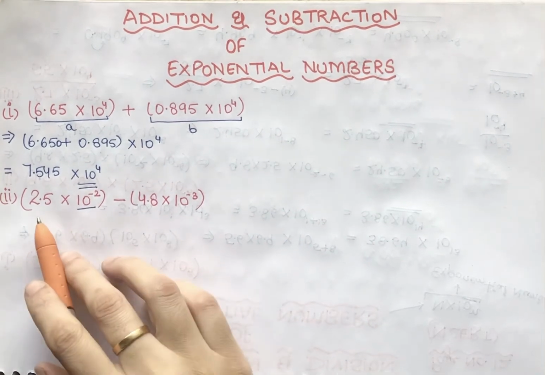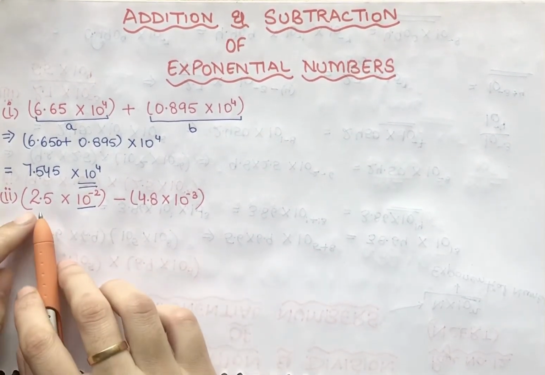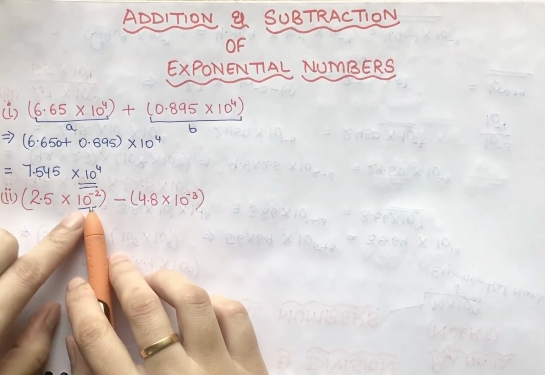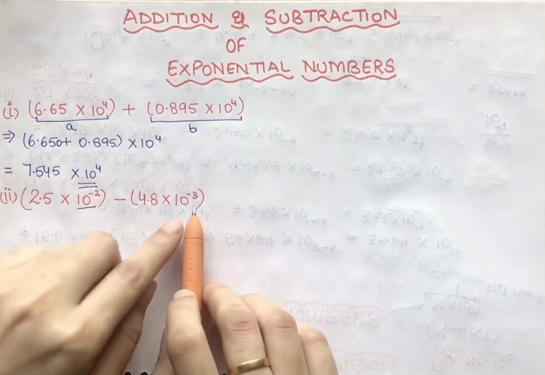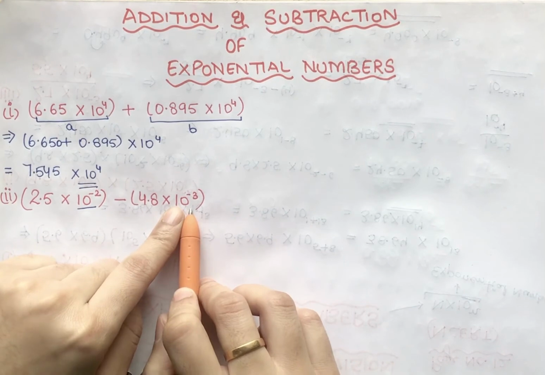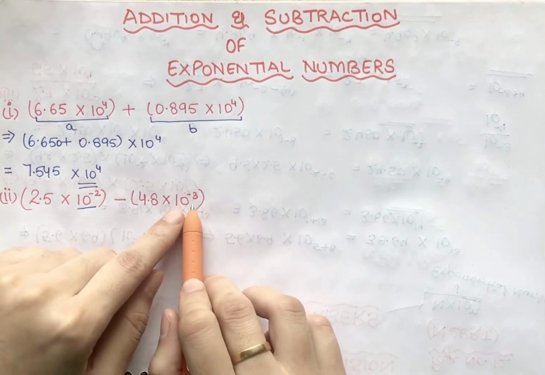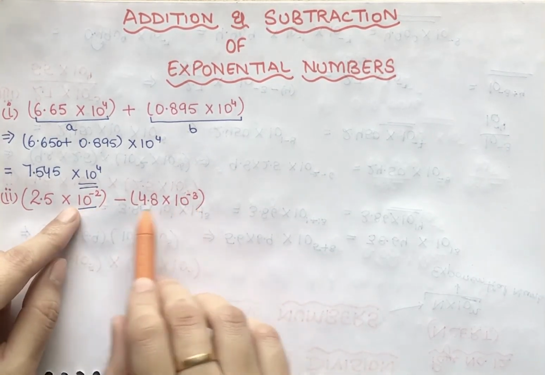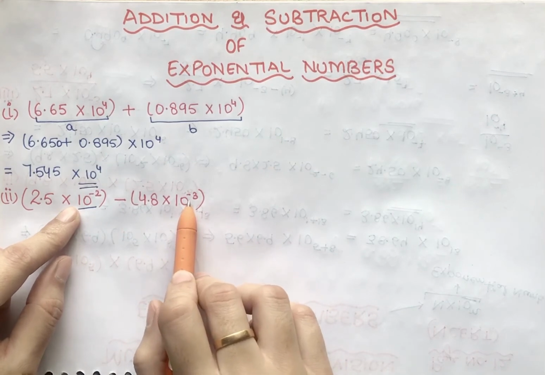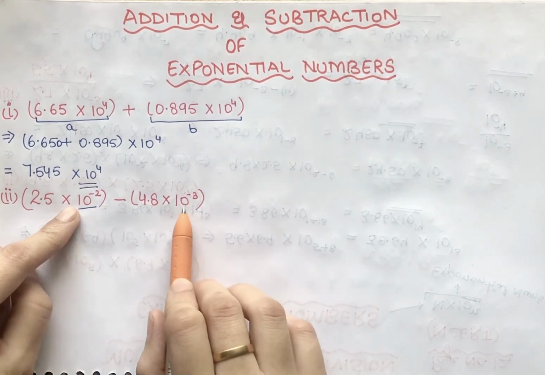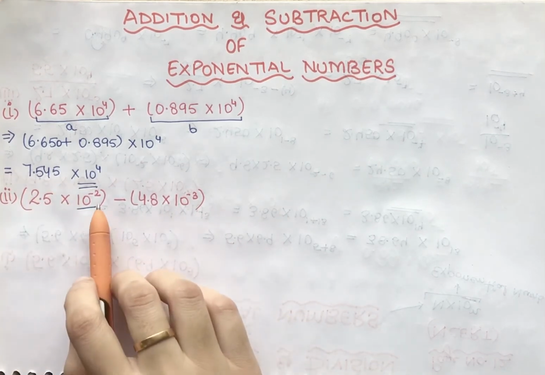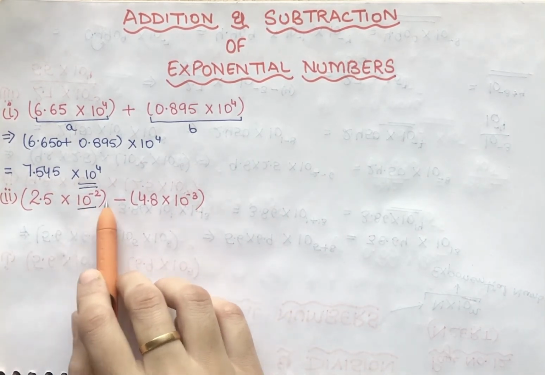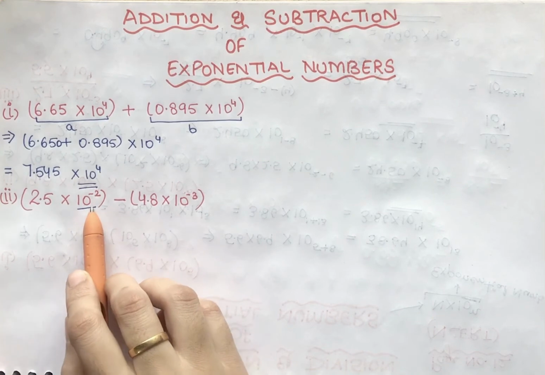Now I'm having a second case. Here I am having different powers: 10 raised to power minus 2, and here 10 raised to power minus 3. First of all, I have to make both the powers the same, so that I can take these powers common. So I'll simply divide these values with the lowest exponential number.